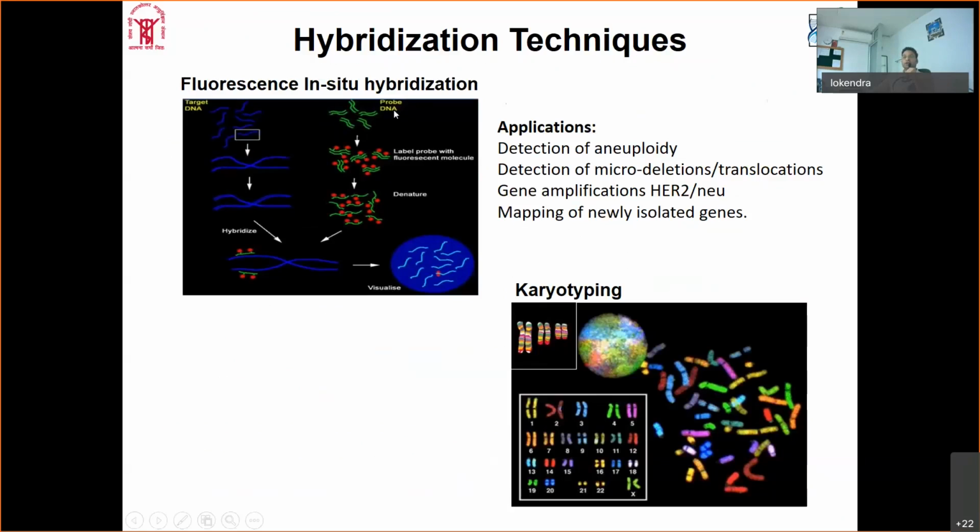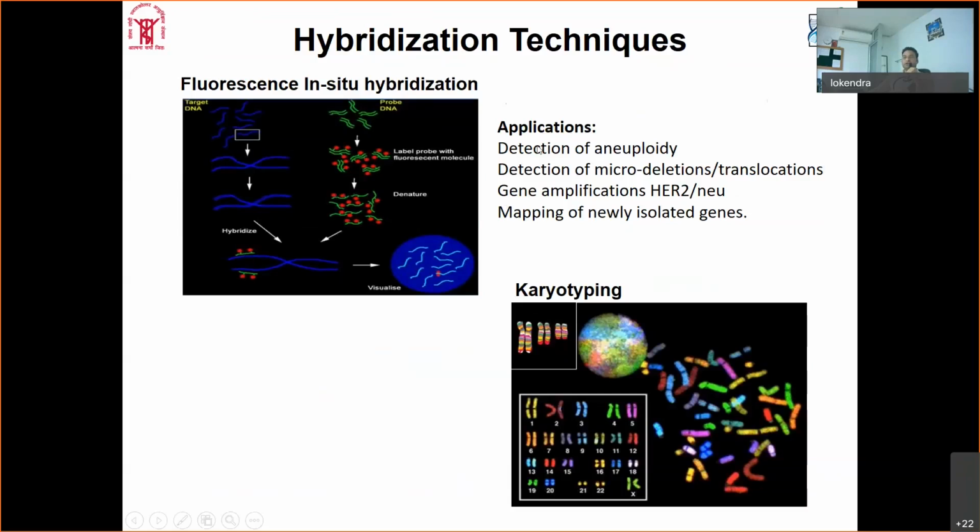A probe or DNA can be designed and labeled with various fluorescent molecules, and then it is denatured. At the same time, the target DNA, which is either in the form of a metaphase plate or prepared by various methods, is fixed. The chromosomes are fixed, and then you can hybridize them with the known labeled probe, and then it can be visualized later on.